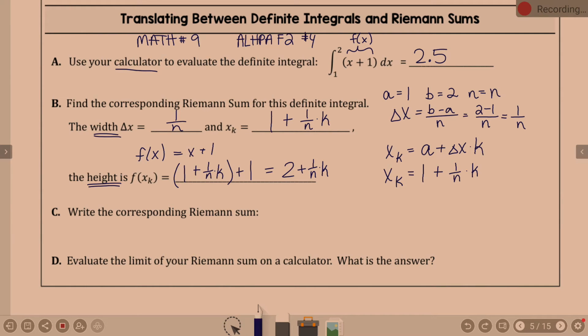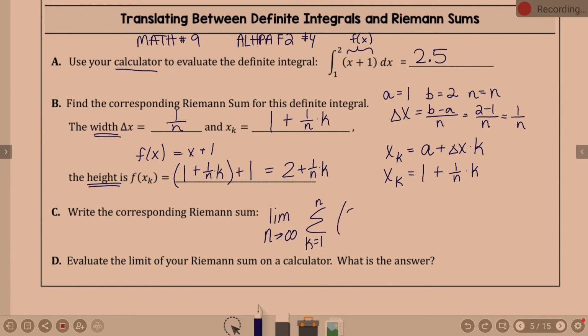So C, write the corresponding Riemann sum. Okay, so the limit as n approaches infinity of the sum from k equals 1 to, how many subdivisions do I have? N subdivisions, right? So as we write these Riemann sums, that's your typical response there of f of x sub k.